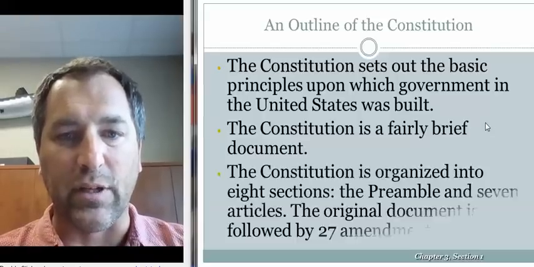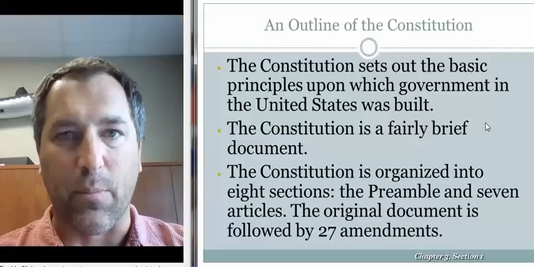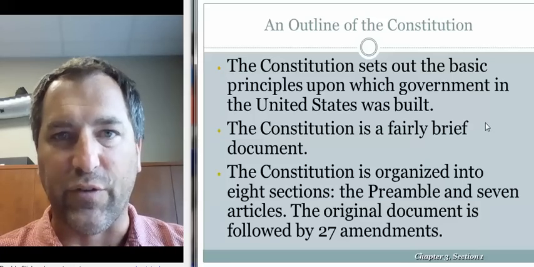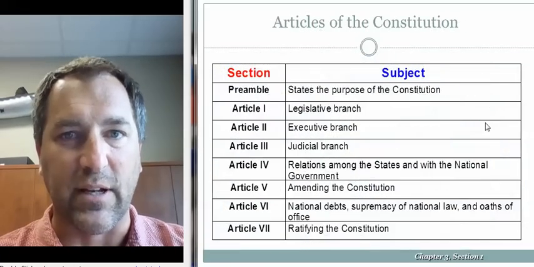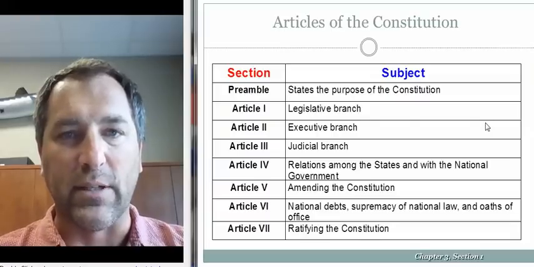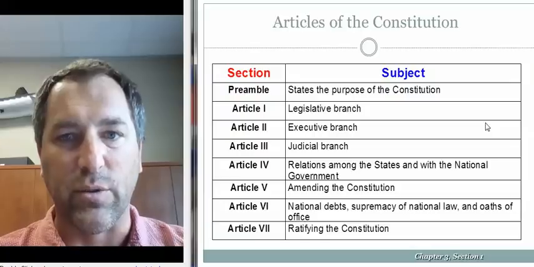The other thing to keep in mind, it's got the preamble, which we talked about, which outlines the purposes that the framers of the Constitution had, and then the 7 different articles followed by the 27 amendments that I mentioned already. The preamble says the purposes for this new form of government. Article 1 outlines the legislative branch. Article 2, the executive.